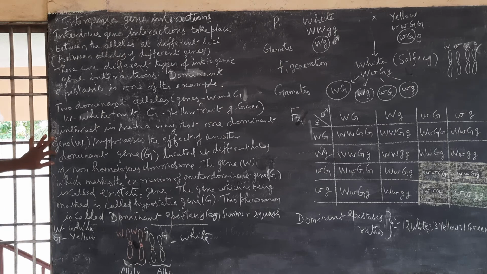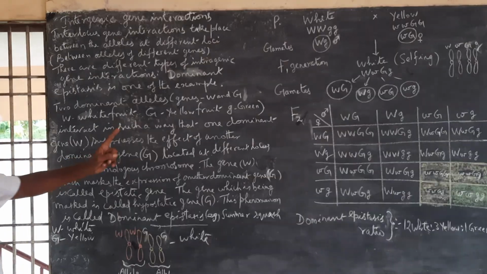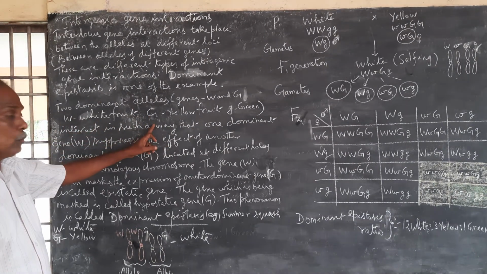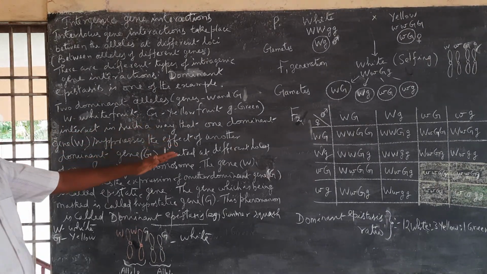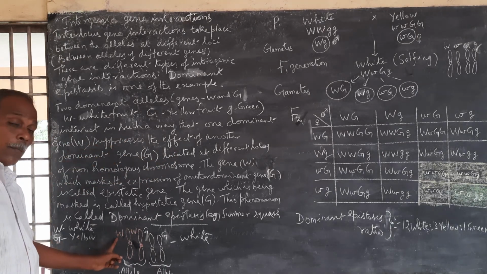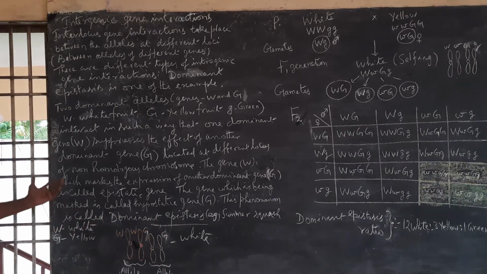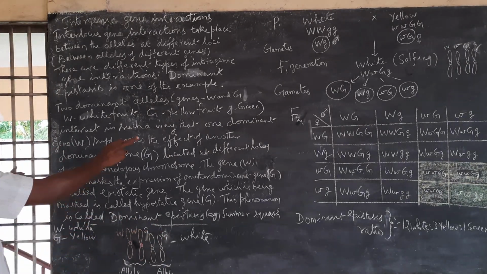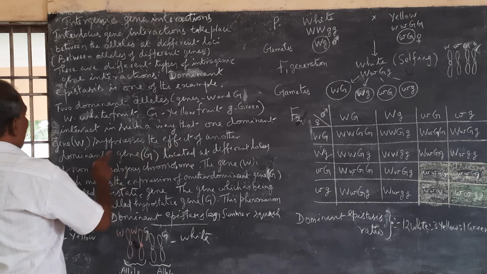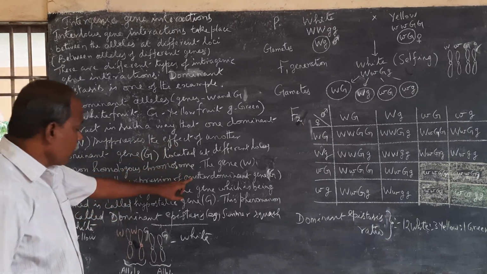Here two dominant alleles interact in such a way that one dominant gene suppresses the effect of another: capital W suppresses the effect of the dominant gene G. One dominant gene W suppresses the effect of another dominant gene G, located at a different locus on a non-homologous chromosome.